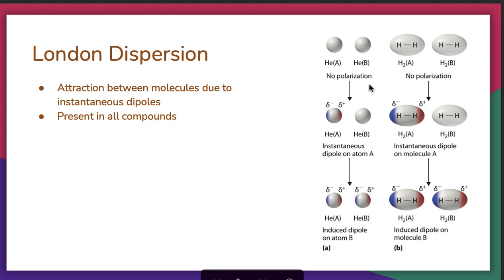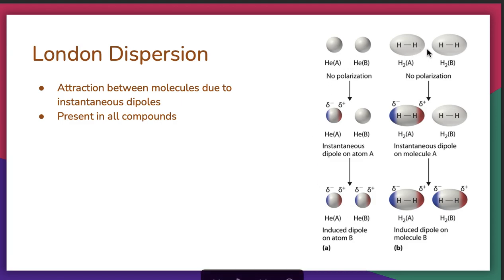But they have London dispersion forces because as the electrons inside them are moving around, there's going to be some moment when there is a partial negative and partial positive. And that is going to be like a domino effect, making its adjacent atom or molecule also have a dipole moment. And then those two are going to be attracted to each other. But then the electrons will move out of position and it'll go back to the original state.